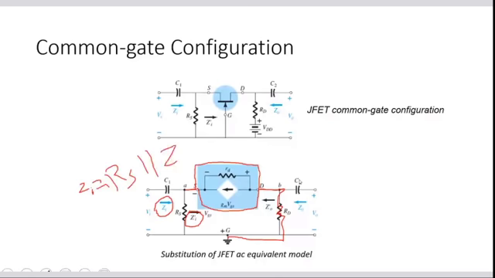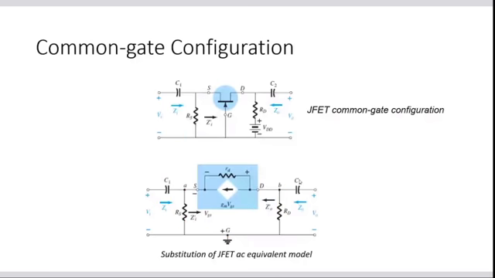For that, I want to find Zi prime first. So I am moving on to the next slide. You can clearly see that the highlighted circuit is going to be redrawn on the next slide. You don't have to remember anything, just do what is given here.